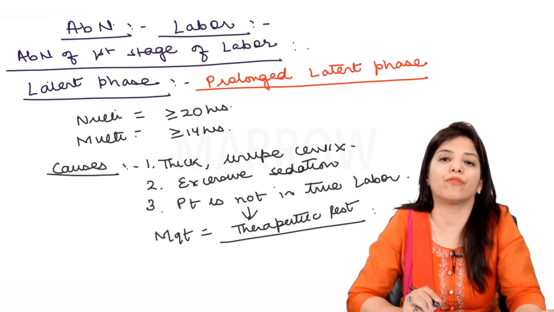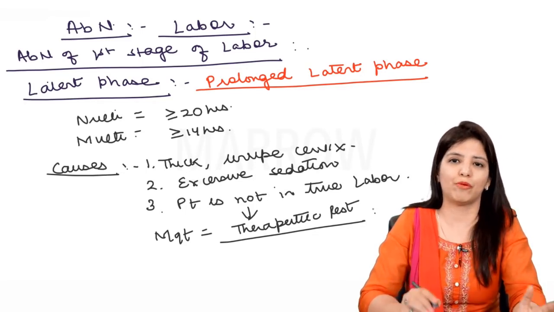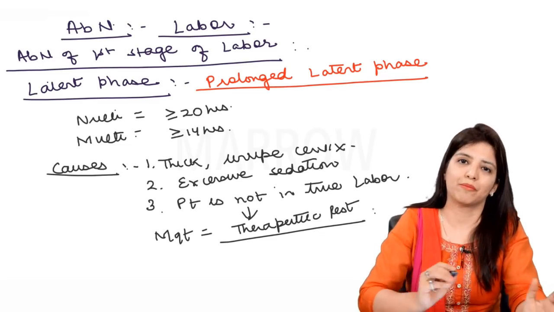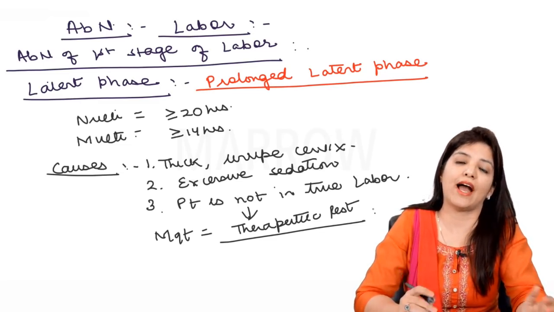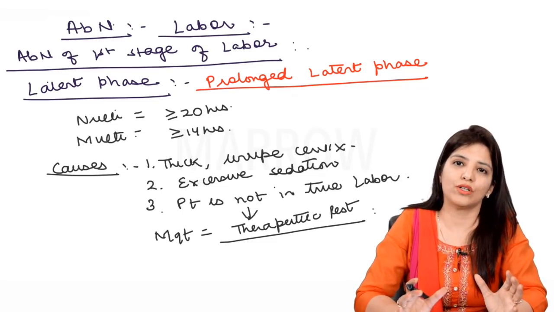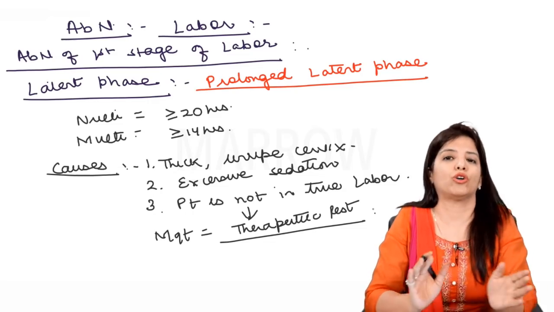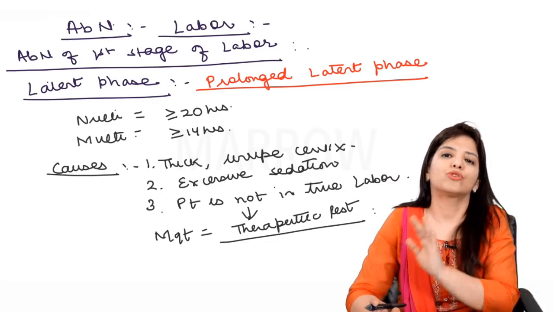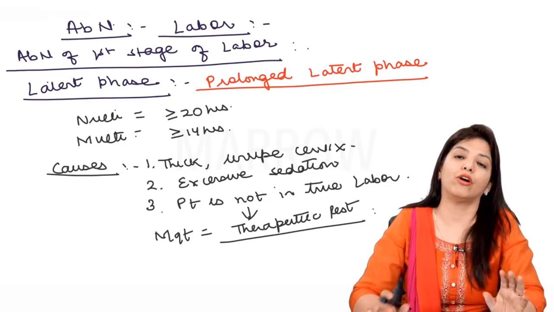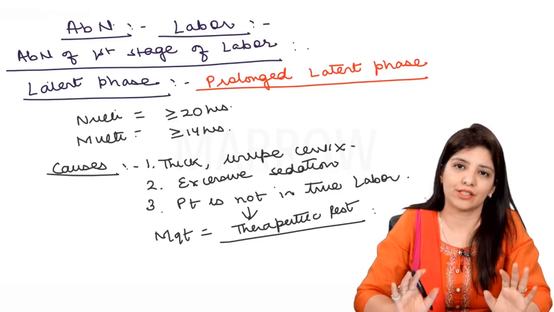The advantage of giving therapeutic rest is that if the patient is having false labor pains, they will subside. And if by chance the patient is having true labor pains and it is actually a prolonged latent phase, then by the time the patient wakes up, she will automatically be in active phase. So the best management for a prolonged latent phase is therapeutic rest.